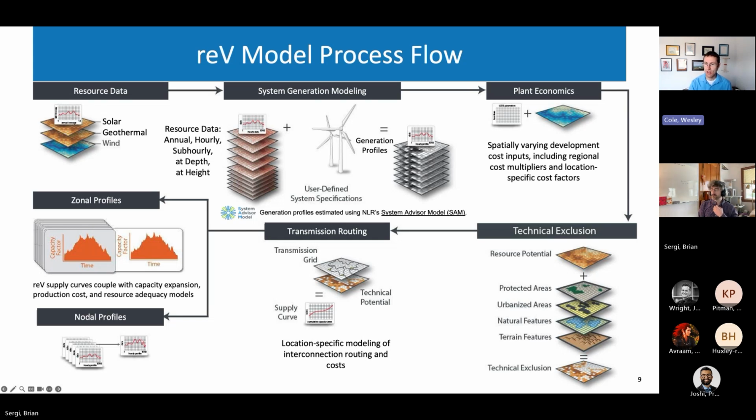How far away is it from transmission? How much might it cost to go from that site to the transmission grid? And then finally getting the profiles either at a zonal level or nodal level, depending on what your use case is. So this is now that hourly profile of production to say what it looks like at that location. So that's the overall process.